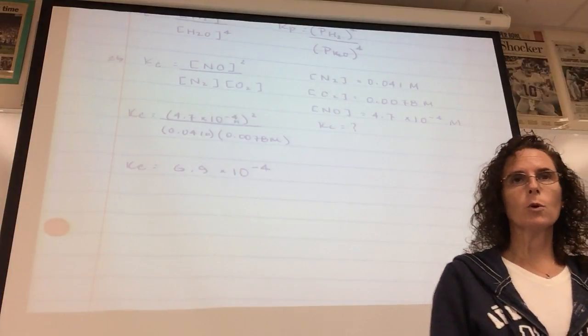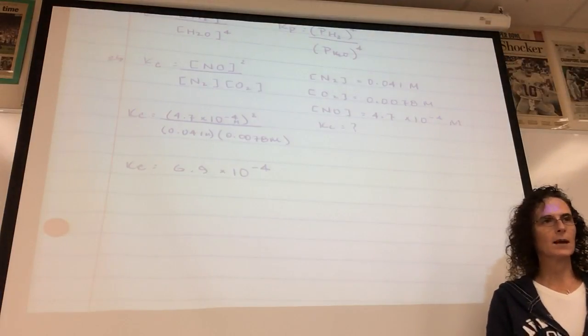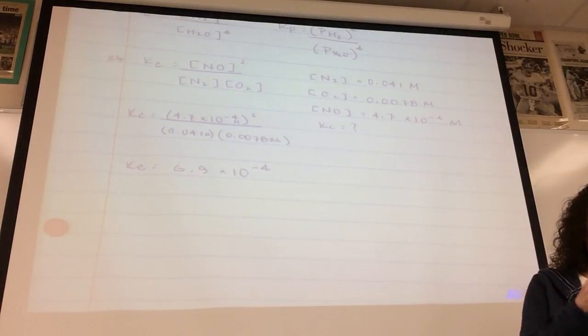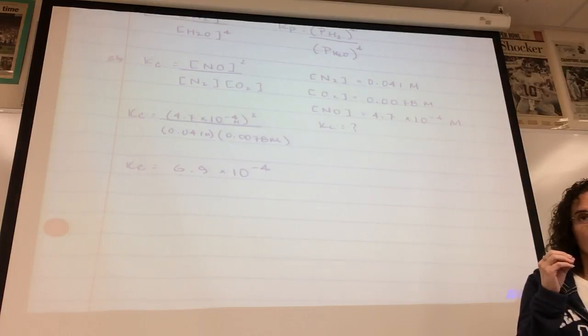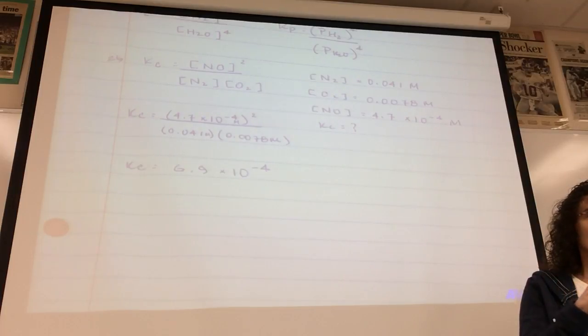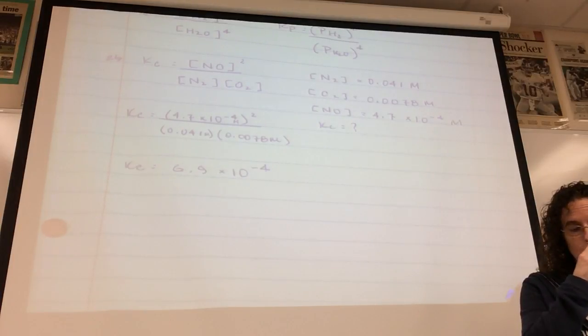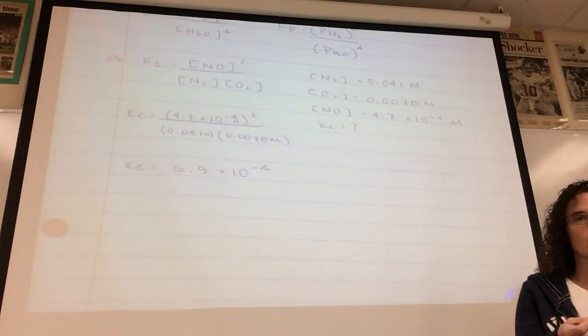I got it. The other point I want to make, and I don't think I mentioned very much of this the other day, is we do not use units for Kc or Kp. Kc and Kp units are dependent on the equation, so it gets very, very complicated. In this particular equation, the units would cancel anyway.